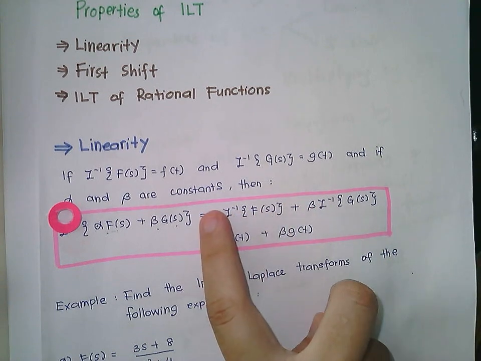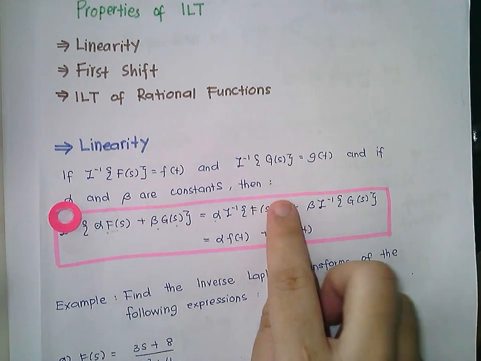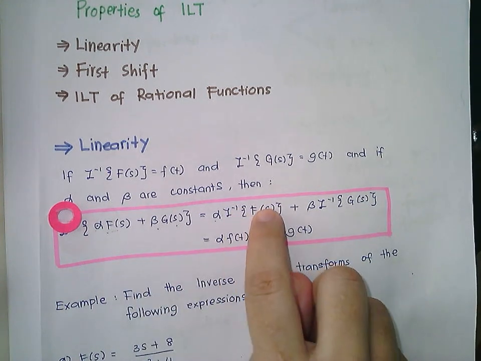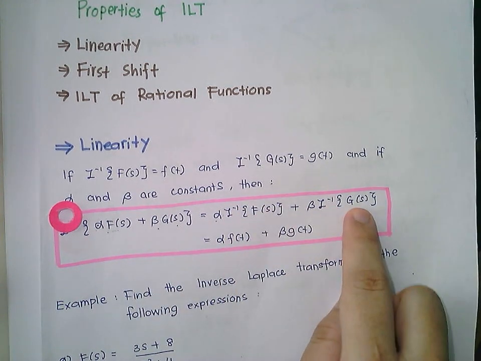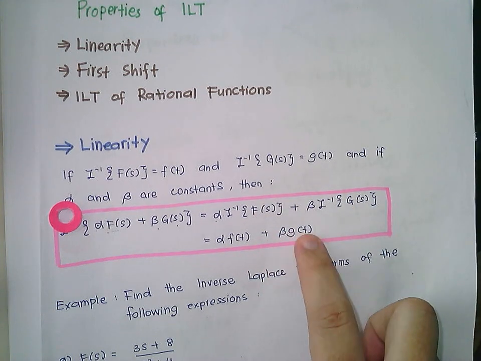So instead of finding the inverse of this one, you just have to find the inverse of F(s) plus the inverse of G(s). So you will have alpha f(t) plus beta g(t).